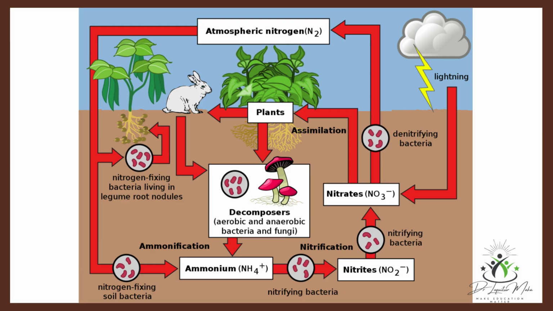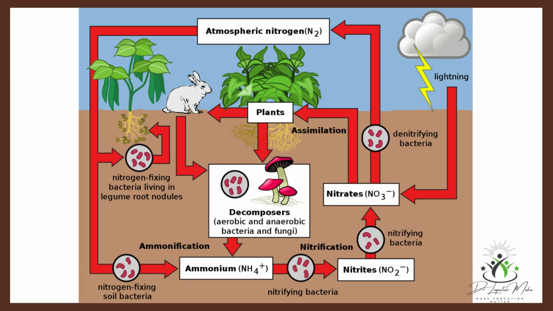They are available in the form of nitrite ions, in the form of nitrate ions or even ammonium ions, and they are used in the formation of plant and animal proteins. This way it enters the food webs when the primary consumers eat the plants, right?